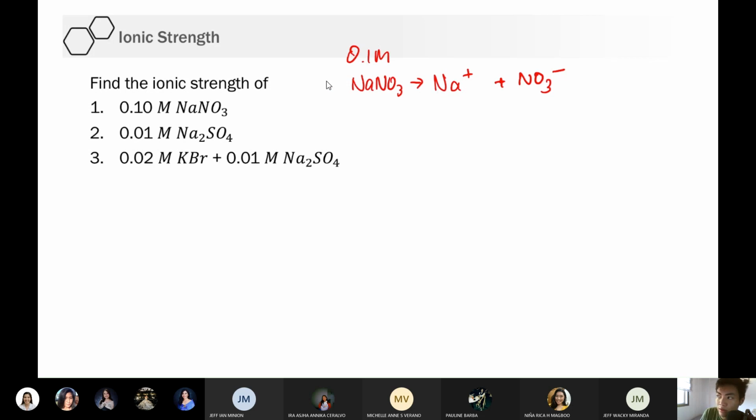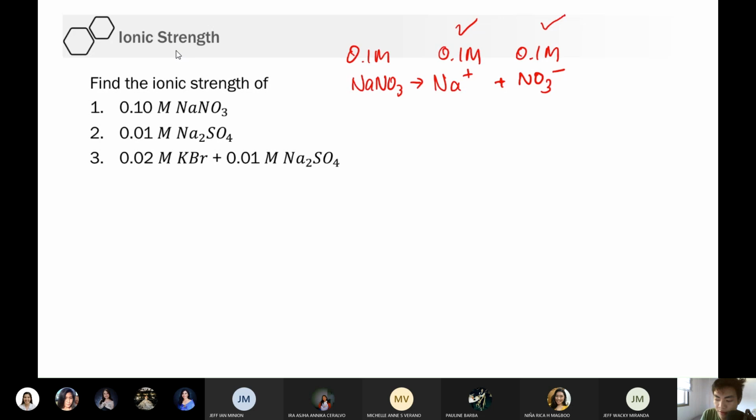So 0.1 molar of sodium nitrate produces 0.1 molar sodium ion and 0.1 molar nitrate ions. So now we know the concentration of the ions.